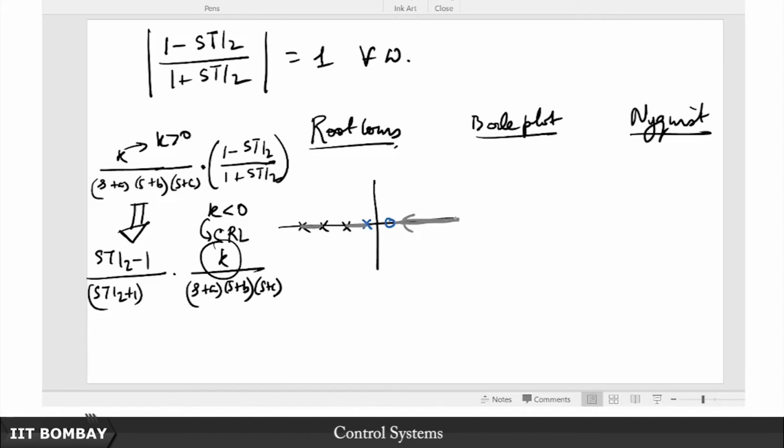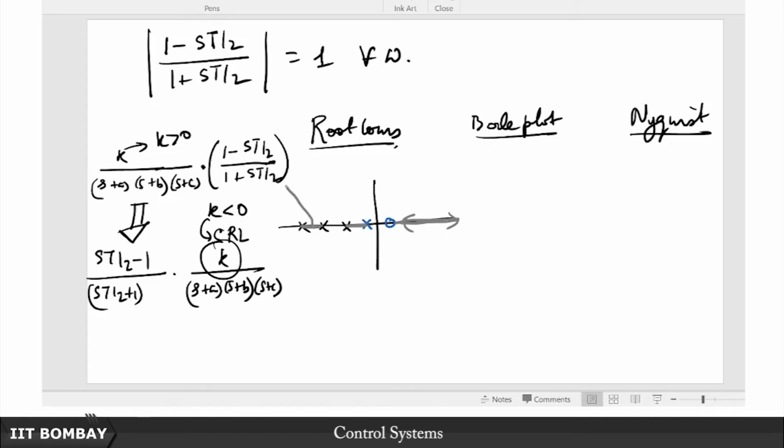Also eventually at some point this has to cross over here. So how does this crossing over happen? You will see that the direction of the asymptotes will also change for the complementary root locus. Unlike earlier when it was 60 degrees, 300 degrees and 180 degrees, here it is going to be 0 degrees, 120 degrees and 240 degrees.